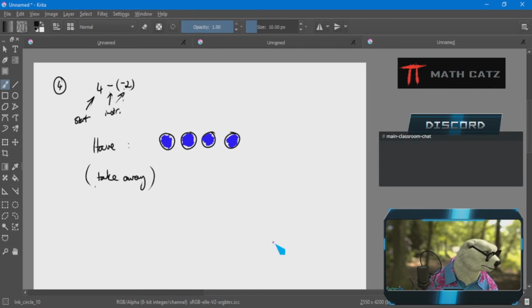What is he going to tell you? He's going to tell you, I can't do it. Why? Because I don't see 2 red chips. So I need to sort of alter the appearance of what I have in order to follow the instructions.